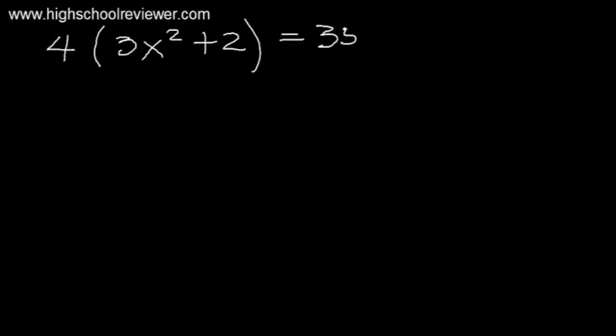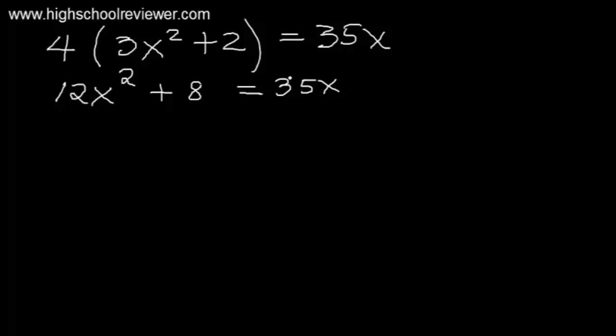Our next problem, we have 4 multiplied by the quantity 3x squared plus 2 equals positive 35x. Okay, so first we are going to perform the operation. So 4 multiplied by 3x squared will be 12x squared, and 4 multiplied by positive 2 will be positive 8, equals 35x.